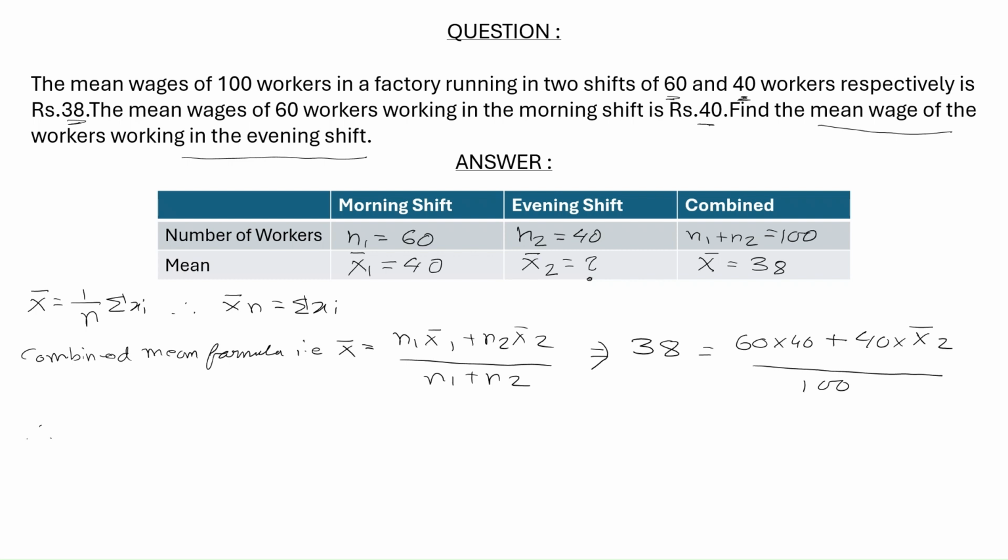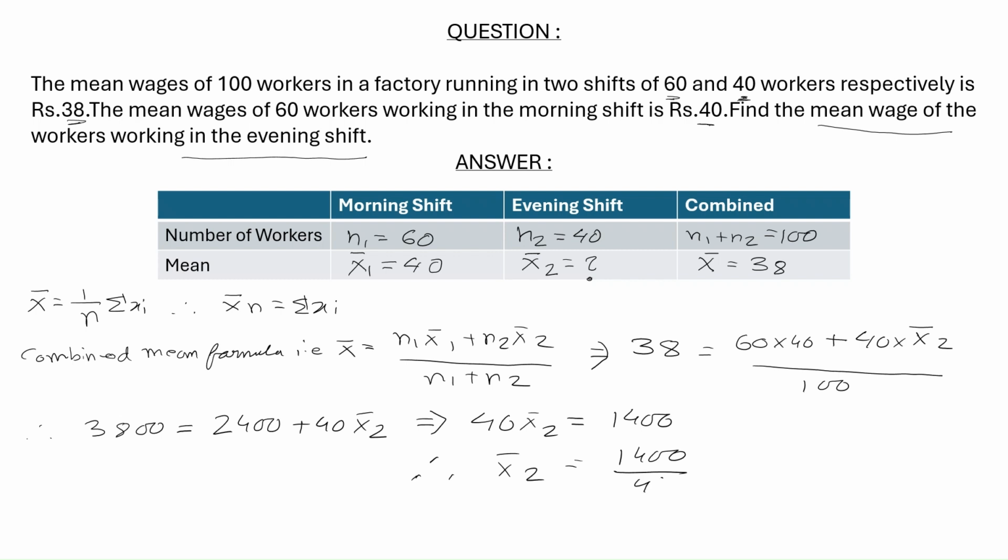Therefore 3800 is equal to 2400 plus 40 X bar 2, which gives 40 X bar 2 is equal to 1400. Therefore X bar 2 is equal to 1400 divided by 40, which comes to 35. So this is 35. This is our answer.